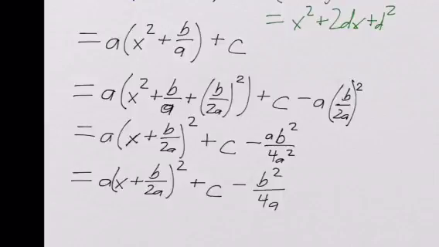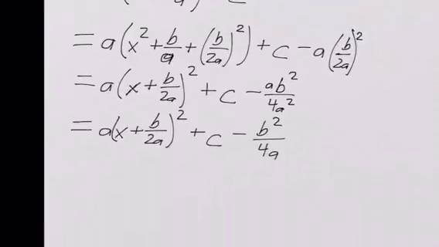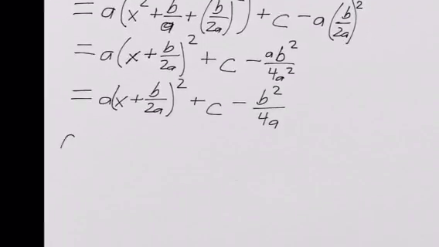But now let's take a look at what's going to happen if I consider f of negative b over 2a.